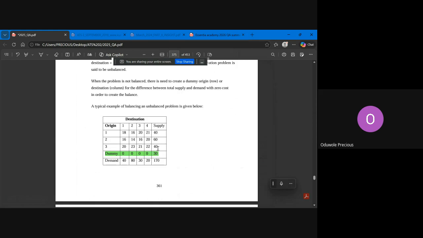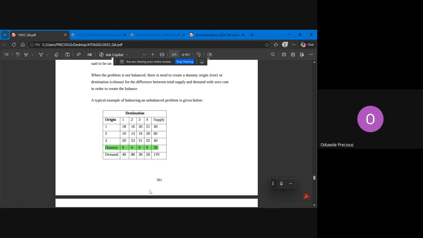That's because it is this side that is missing the figure, right? If it's the other side that is missing the figure, let's say it was demand that was not complete, you just put the dummy here as 0, 0, 0. You impute your missing figure. You also impute your missing figure if it's the other side.